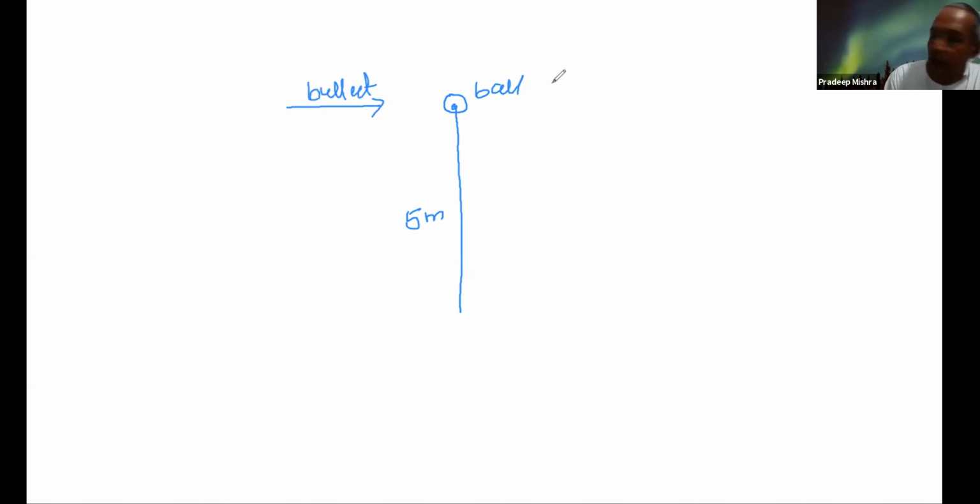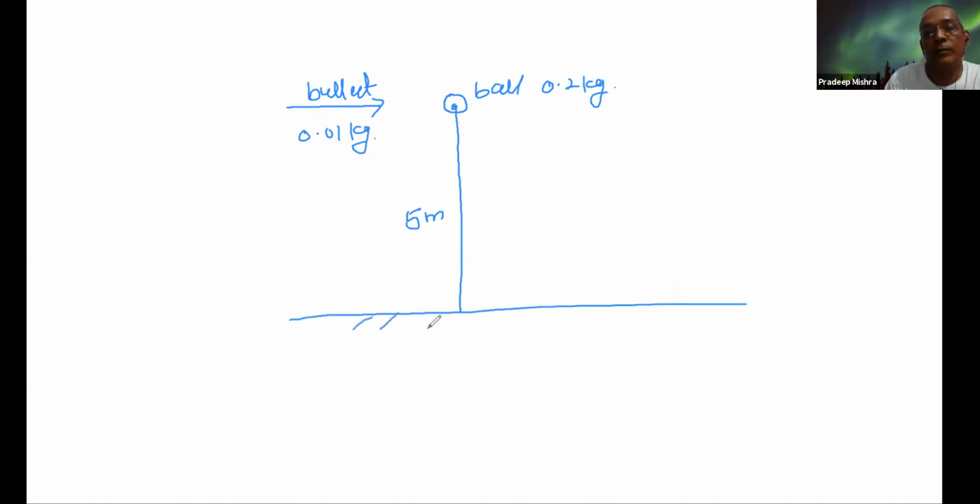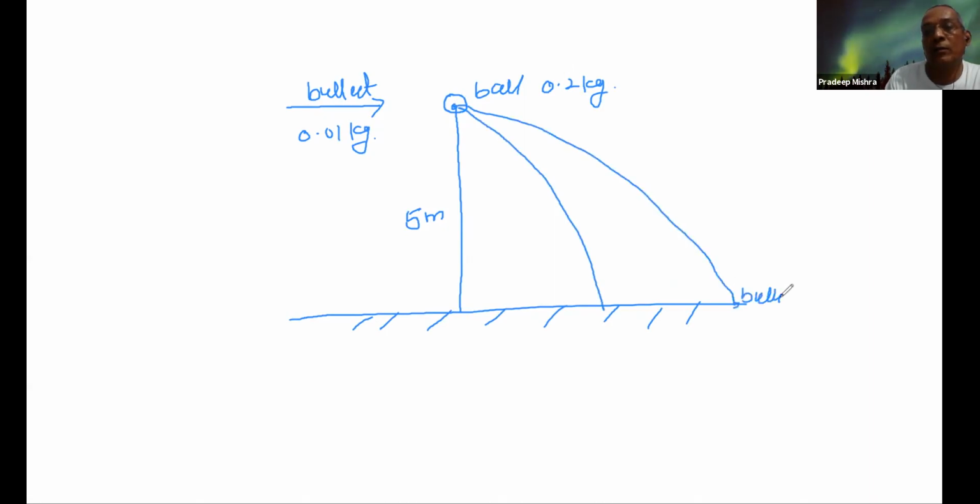The mass of the ball is 0.2 kg, and the mass of the bullet is 0.01 kg. Once the bullet hits, this is the ground level. The ball falls somewhere here and your bullet falls somewhere here. This is your bullet, this is your ball.